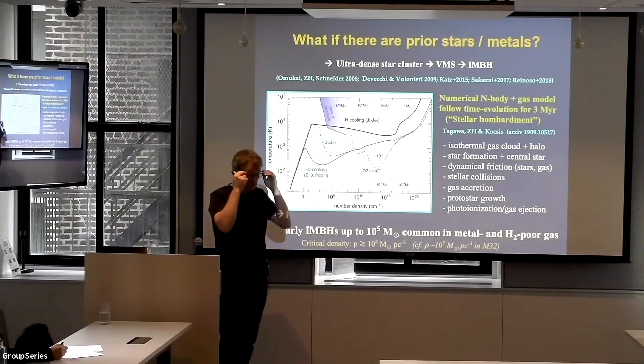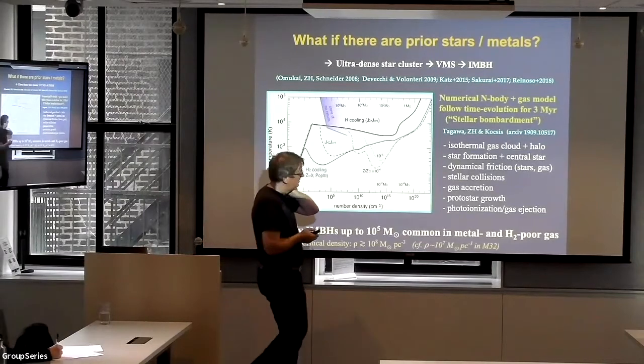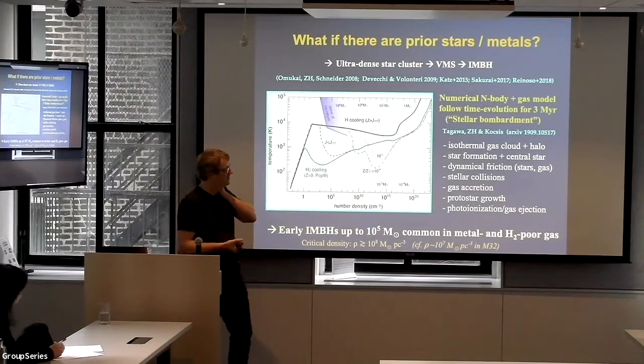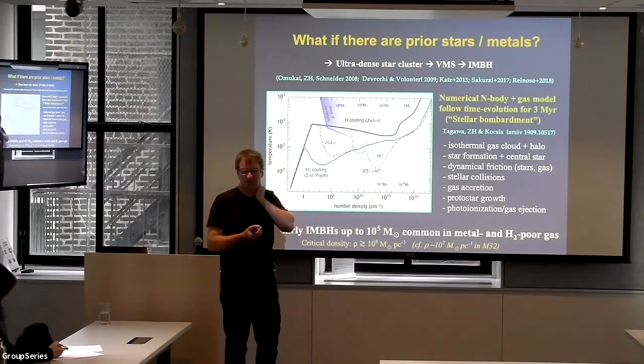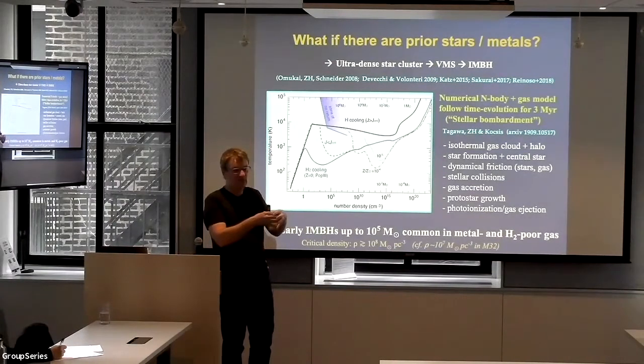So it's in some way similar to the supermassive star case, except you're not accreting gas. Instead, stars are delivered to the nucleus and hit the central protostar, and stellar collisions happen so frequently, faster than the Kelvin-Helmholtz contraction time, that you actually build a supermassive star in the middle from other stars.